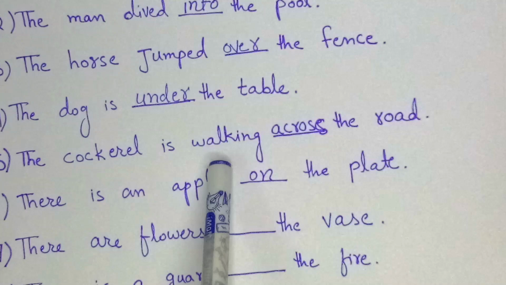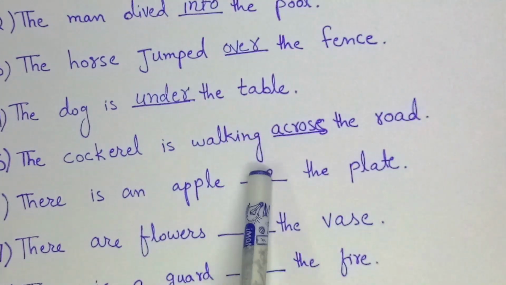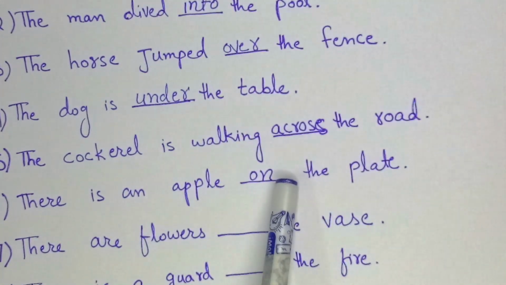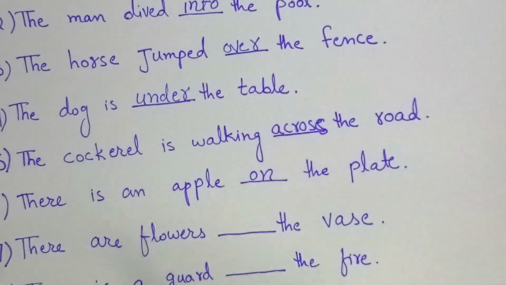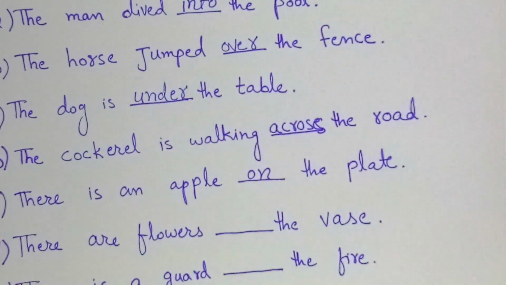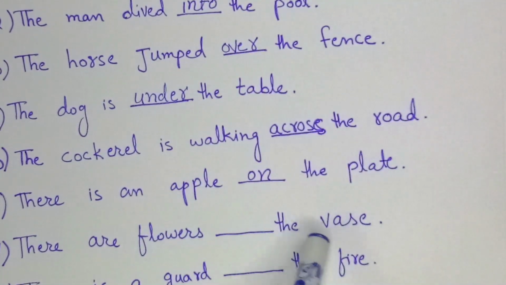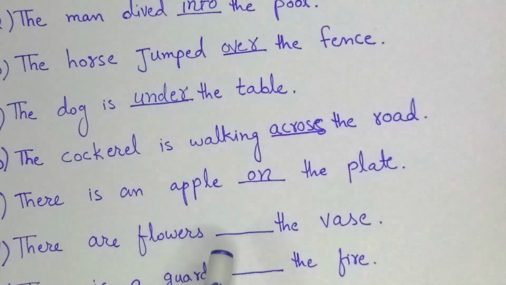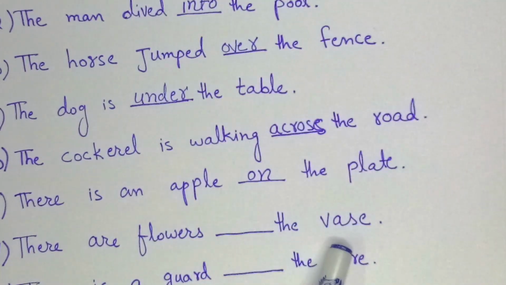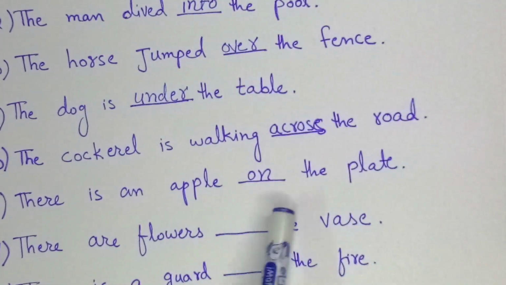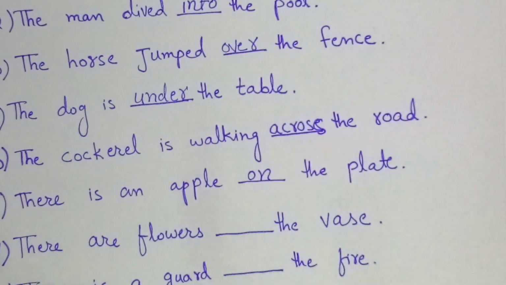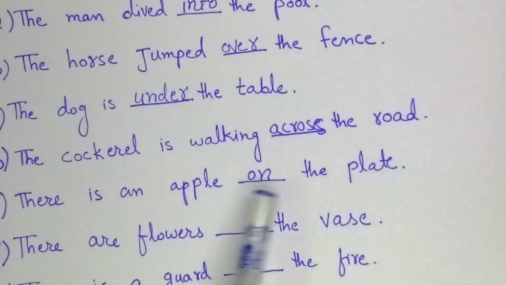Whereas when do we use on? On is used in a situation when something is positioned above something else, or when something is touching the surface of something else. And when something is located inside something or in a defined space, then we use in. Like in the water, in the glass, and here on the plate. There is an apple on the plate. So now I think you have a clear difference of on the plate or in the plate.